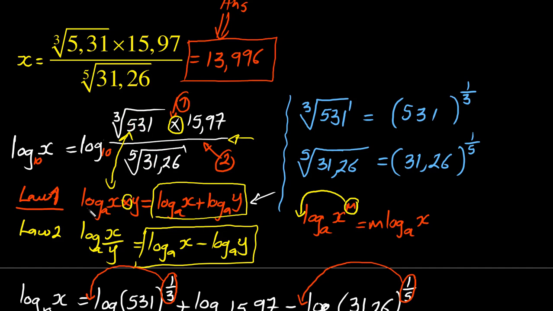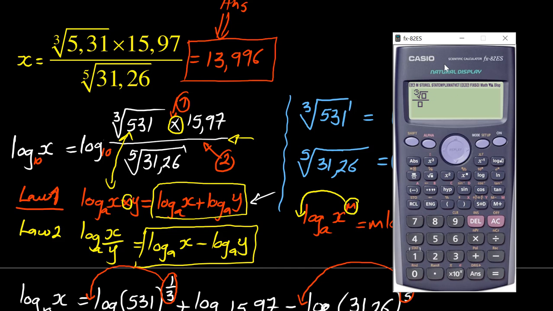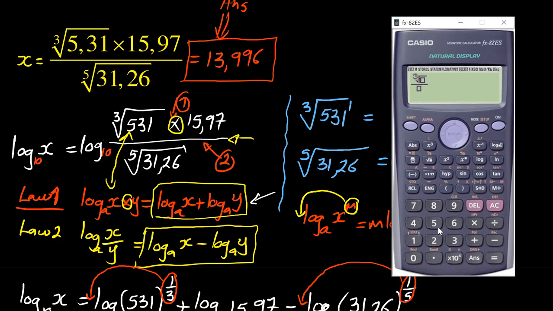So now if I can actually correct, if I can put 5.31 in my original instead of 531, so I'll say 5.31, and then I'll say times, and then it will be 15.97 over shift, you put that fifth root of 31.26. Now let me see what answer I'm getting.